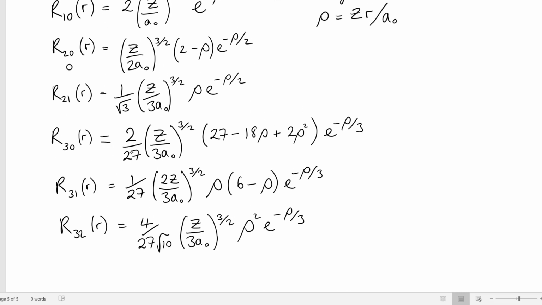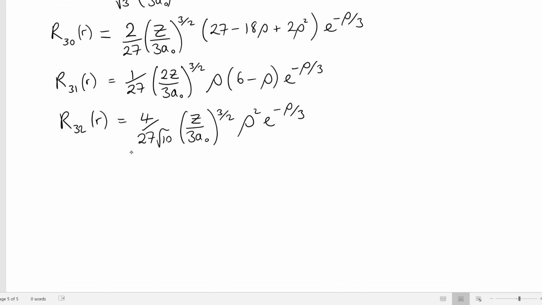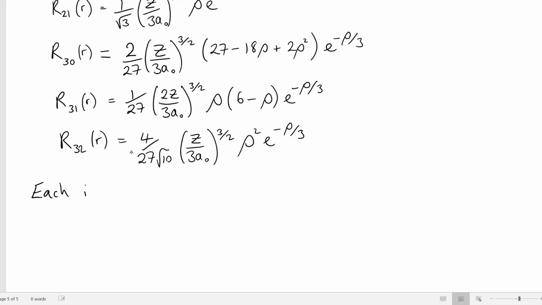And if we look at all of these solutions, all of these wave functions, solutions to the radial equation, what we need to recognize is that each is a polynomial multiplied by an exponential decay.